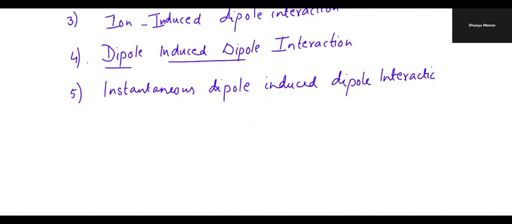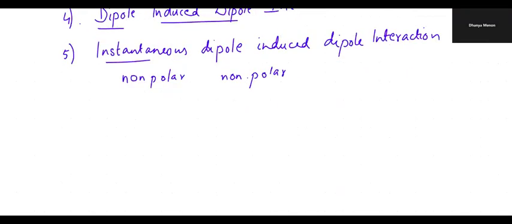Instantaneous, at any instant of time. And this exists between non-polar and non-polar molecule. Two non-polar. How is this possible? Two non-polar molecule. What happens? Okay. So instantaneous means at any instant of time. Okay. So I take a non-polar molecule, hydrogen, any oxygen, nitrogen, any non-polar molecule. I take another non-polar molecule.